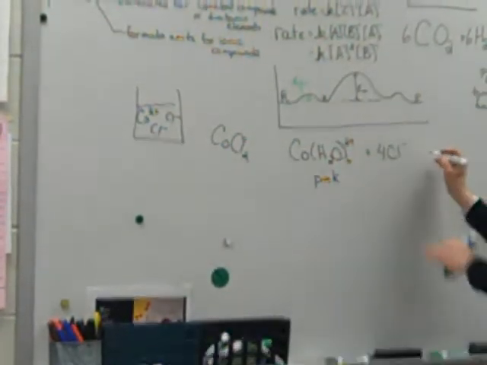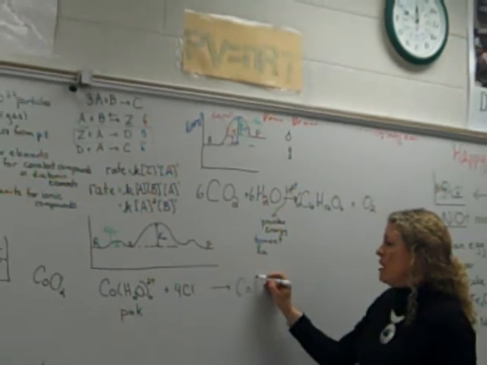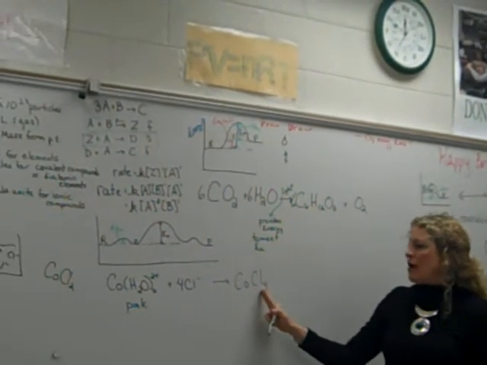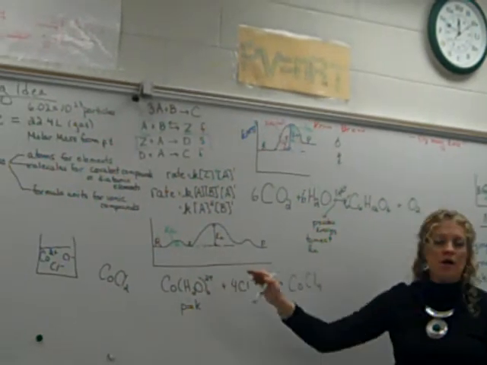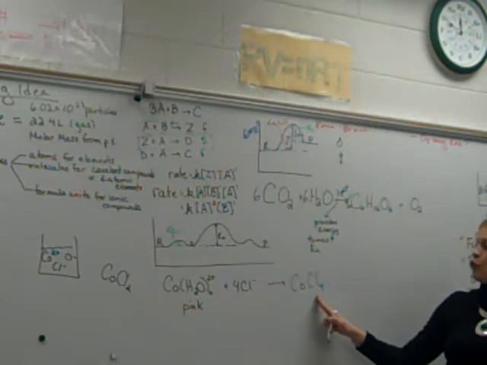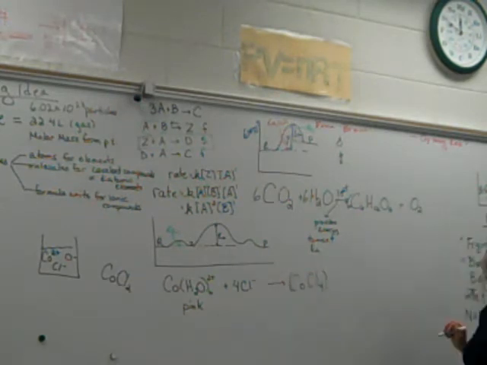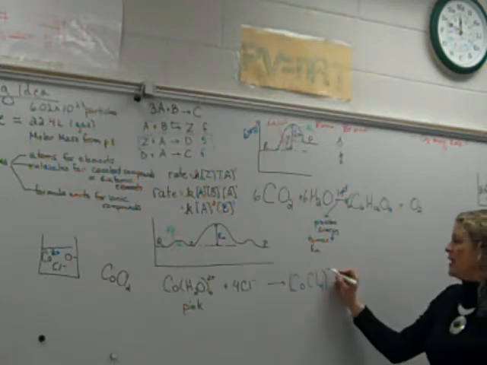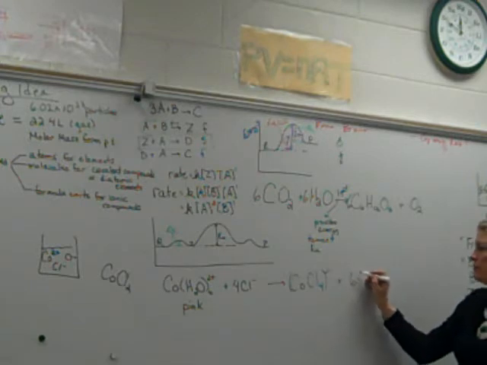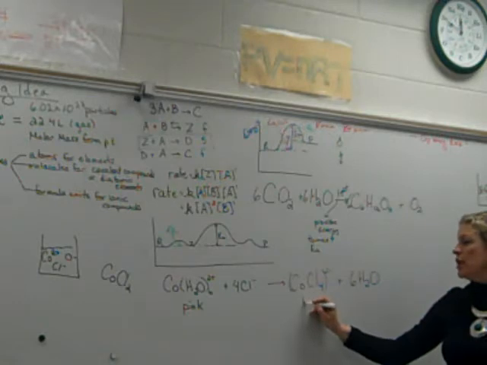Okay? If we do this, we can make it form a CoCl4 ion. It's like the chlorides come in and displace the waters, and they surround the cobalt. Cobalt's 2+, each chloride is 1 negative, so all together, this ion is 2 negative. And then, of course, your waters got displaced. Okay? And this is a blue color.